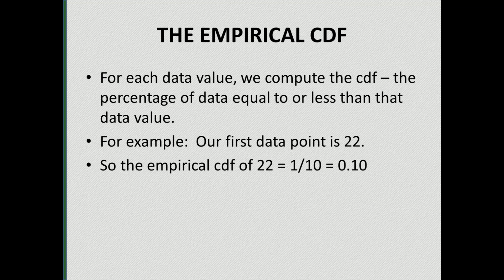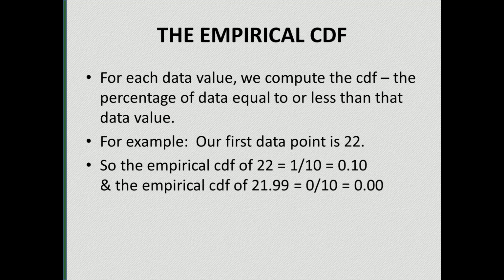We have 1 out of 10 data points which are 22 or fewer, and so a CDF of 1 out of 10 or 0.10. But for a number just slightly less than that, say 21.99, none of the data are 21.99 or less, and so that CDF is 0 out of 10 or 0.00.